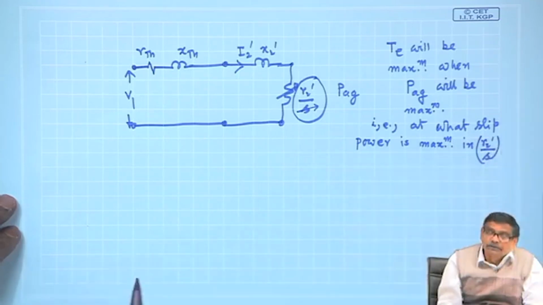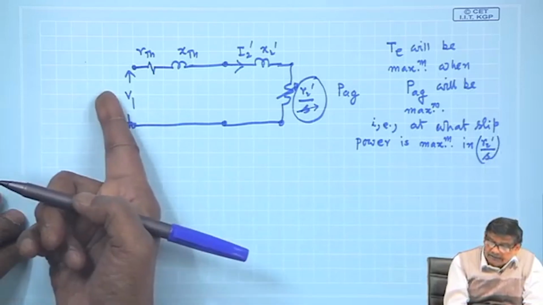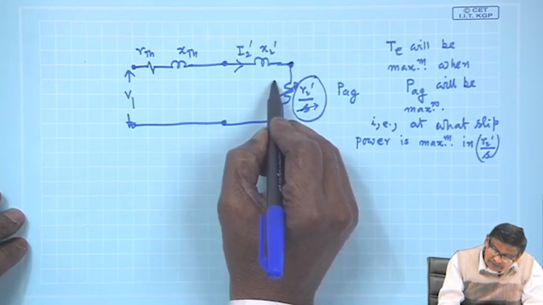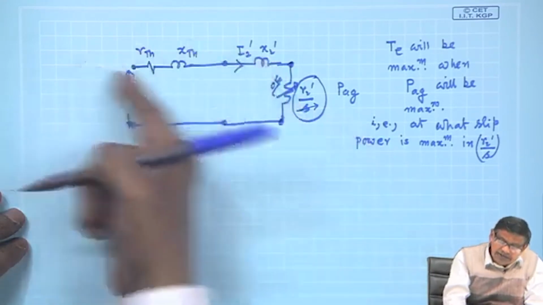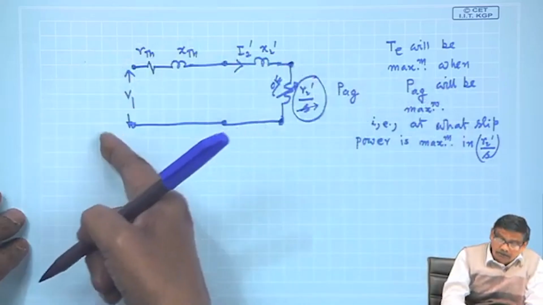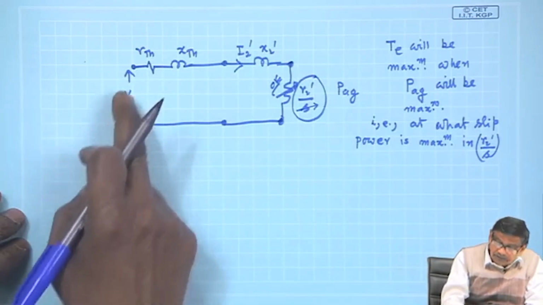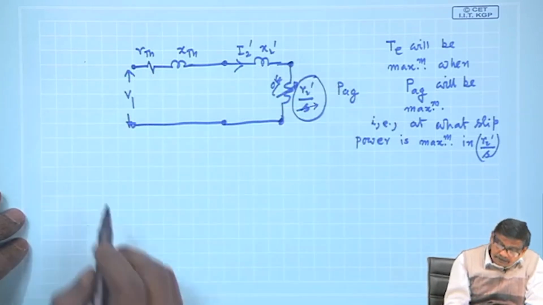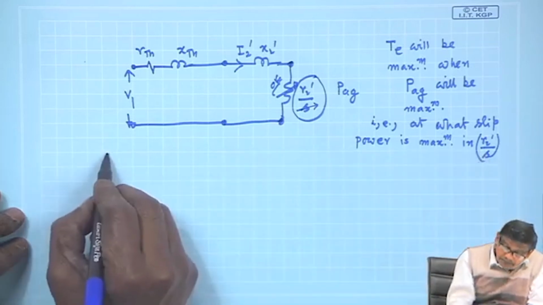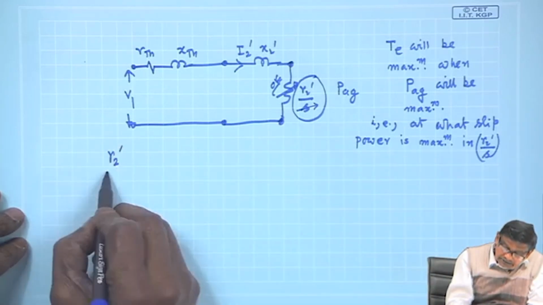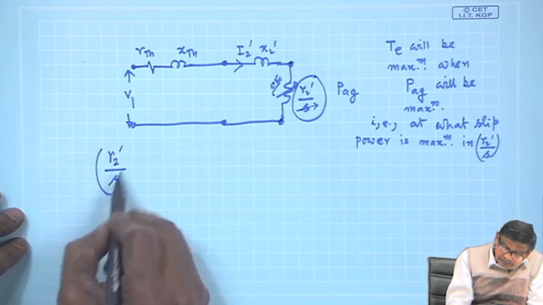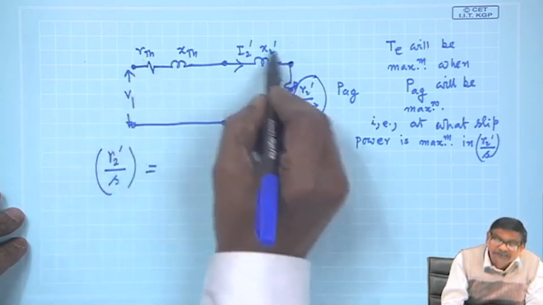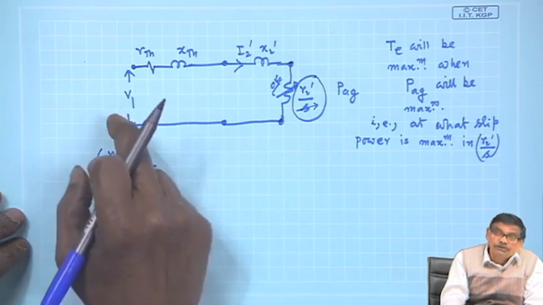That is what you have to find out, and we know it is an AC supply. So, all the impedances looking from this can be considered to be the impedance of the source along with V1. V1 is the source, and this is as if its internal impedance, and here is a variable resistance, and power is maximum when R2 dashed by S, this value of the resistance, is equal to the magnitude of the internal impedance of the source.